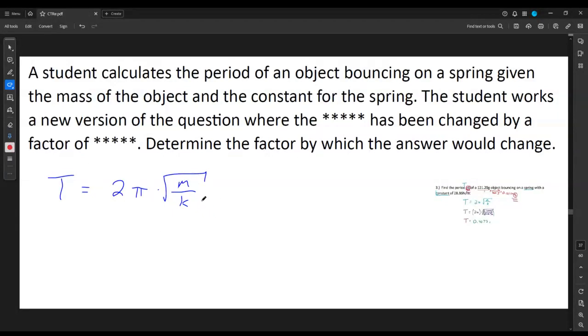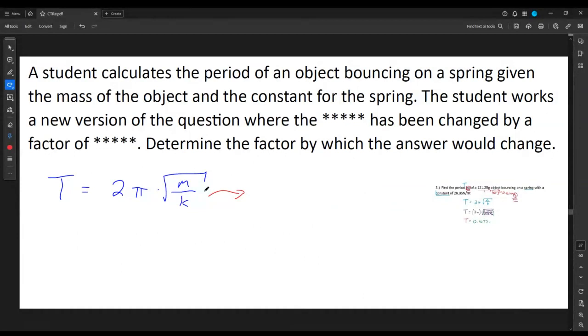Okay, so let's think about what this is going to do. Neither of these variables is in a boring position, right? Even though the m is on top of the fraction, notice that that whole fraction is under a square root. Now, technically, we can separate these out and look at one piece at a time.